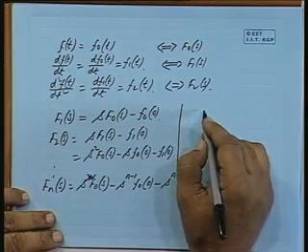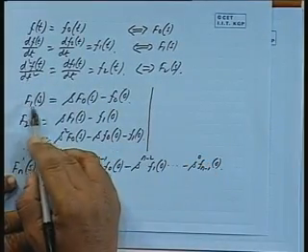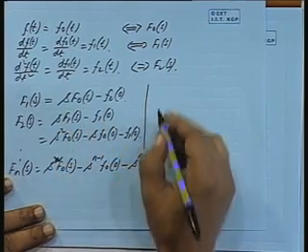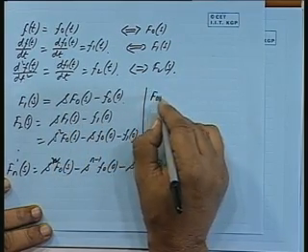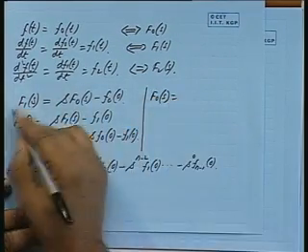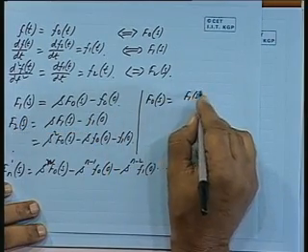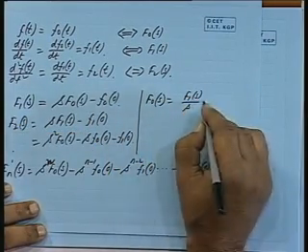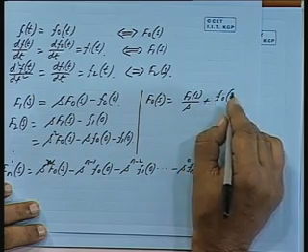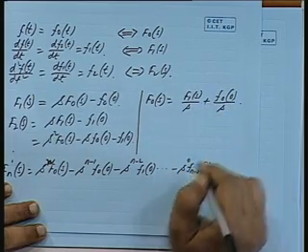I can write on this side, F1(s) is s F0(s). So, F0(s) is how much in terms of F1? It will be F1(s) by s plus f0(0) by s.